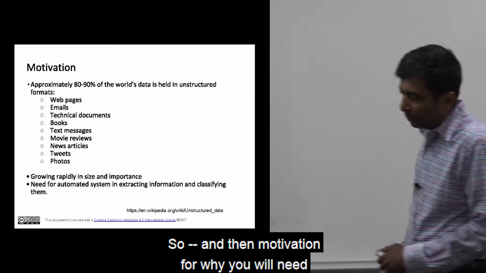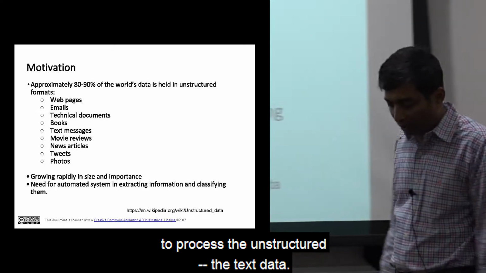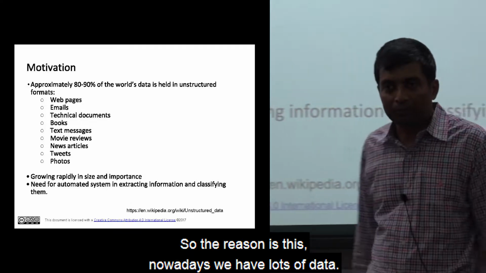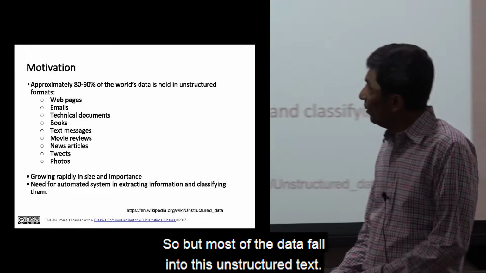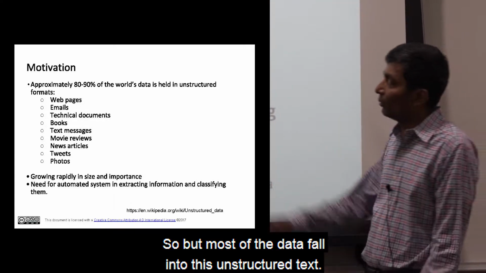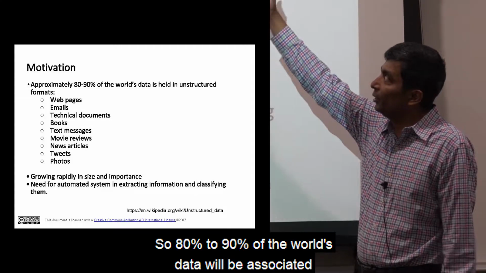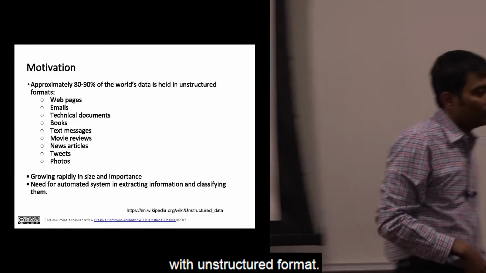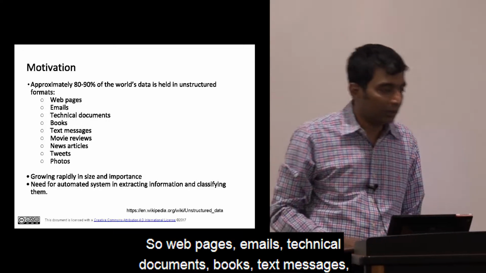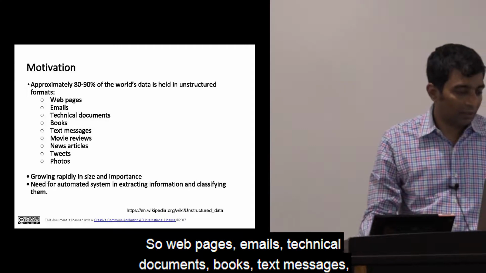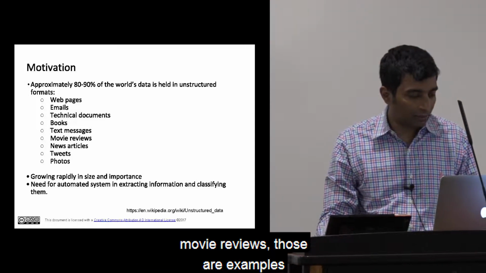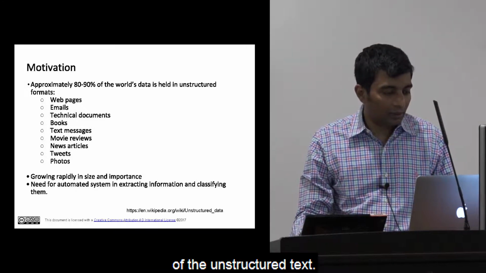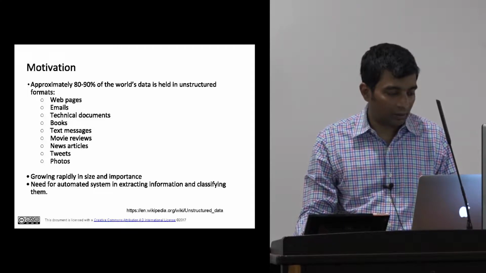And then the motivation for why you need to process the text data: nowadays we have lots of data, but most of the data fall into unstructured text. 80% to 90% of the world's data is in unstructured format. Web pages, emails, technical documents, books, text messages, movie reviews, those are examples of unstructured text.